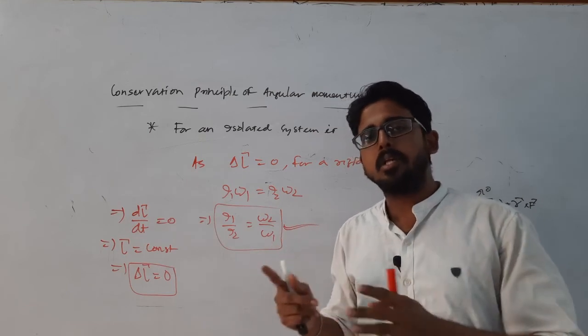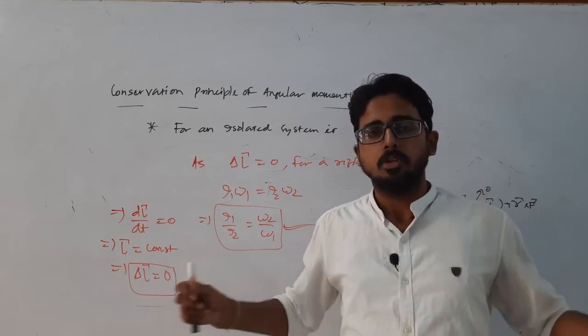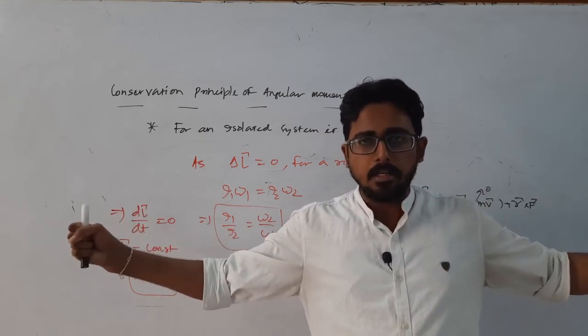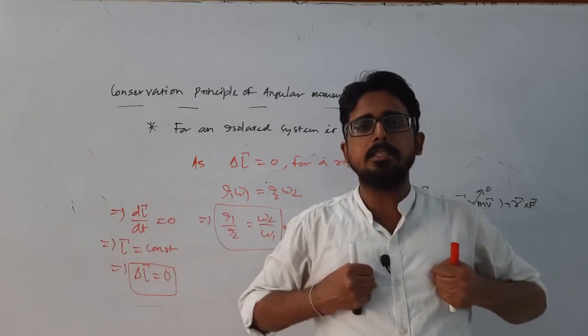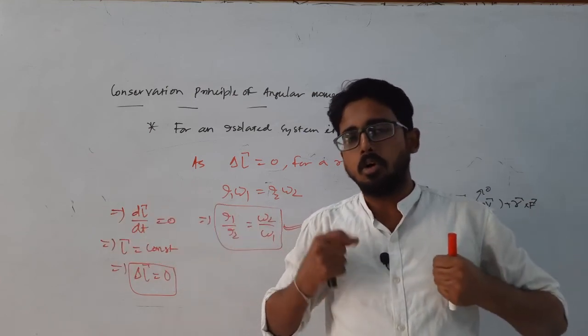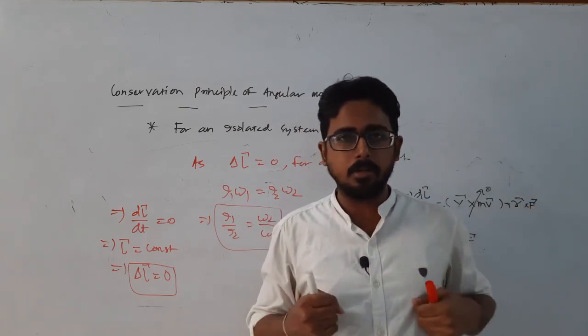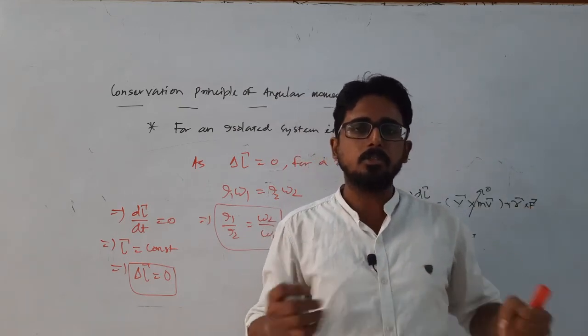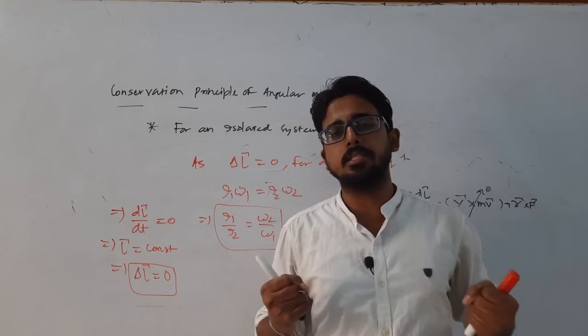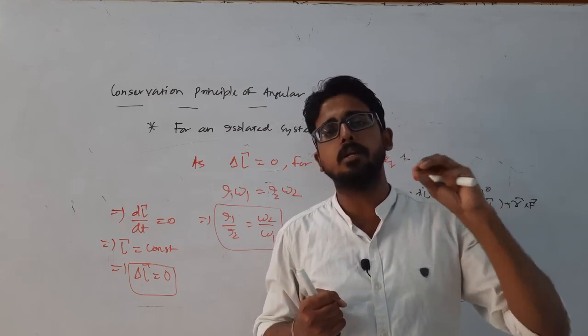But as there is no external torque acting on the system, when the man folds his hands and decreases the moment of inertia, the angular velocity of the system, because the man is standing on a rotating table so he is also rotating, will increase to keep the angular momentum constant.